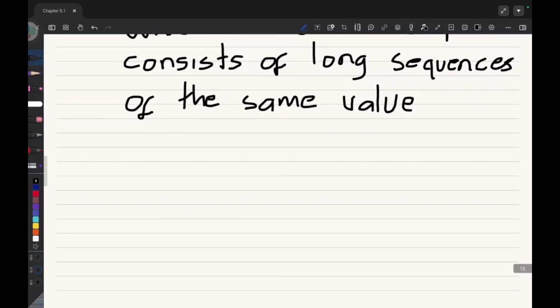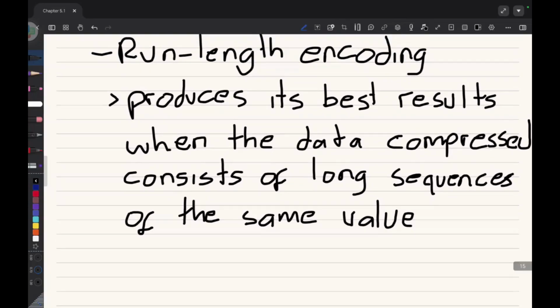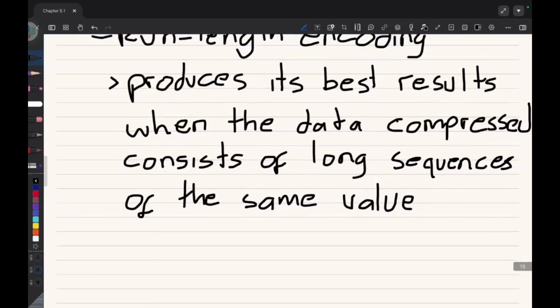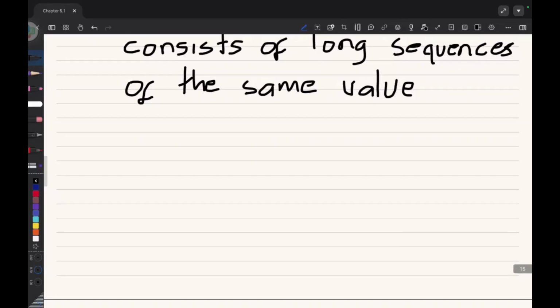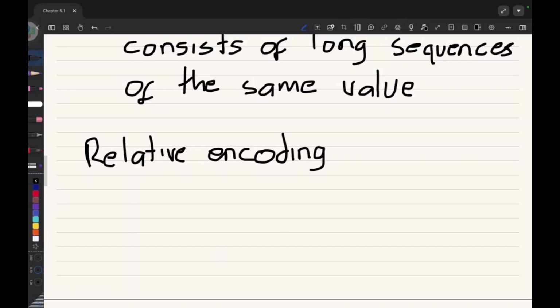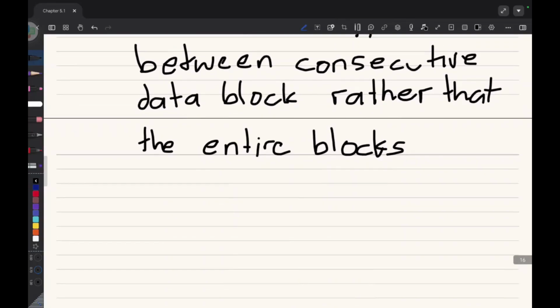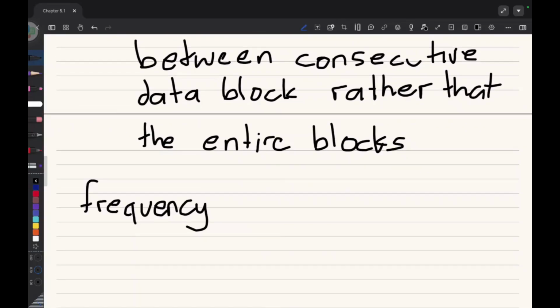After that, we have the relative encoding. The relative encoding just records the difference between consecutive data blocks rather than the entire block. And then the last one, we have the frequency dependent encoding.